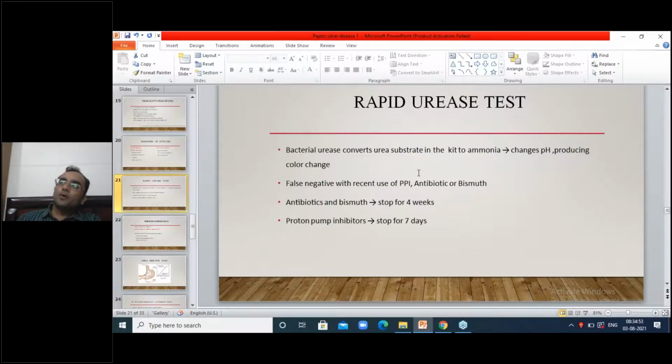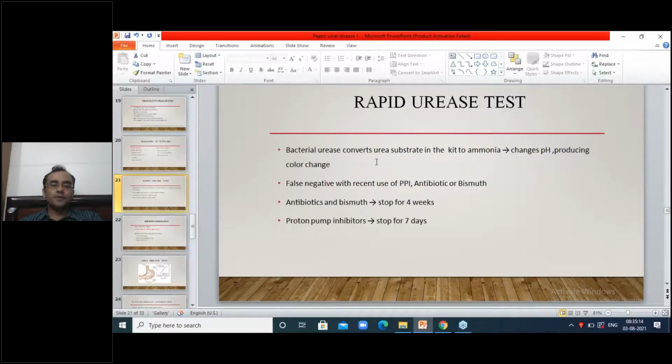So a little bit about the rapid urease test. The H. pylori contains the urease, which converts the urea present in the kit to ammonia, which leads to a change in the pH and produces the color change, and it takes around 2 minutes.